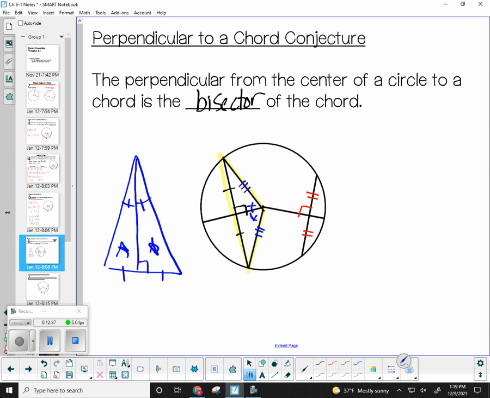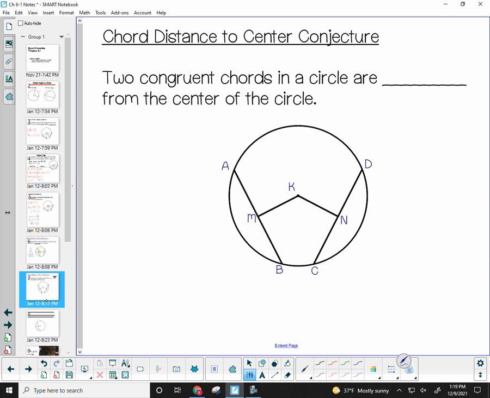All right, next one. The next one says two congruent chords in a circle are equidistant from the center of the circle.